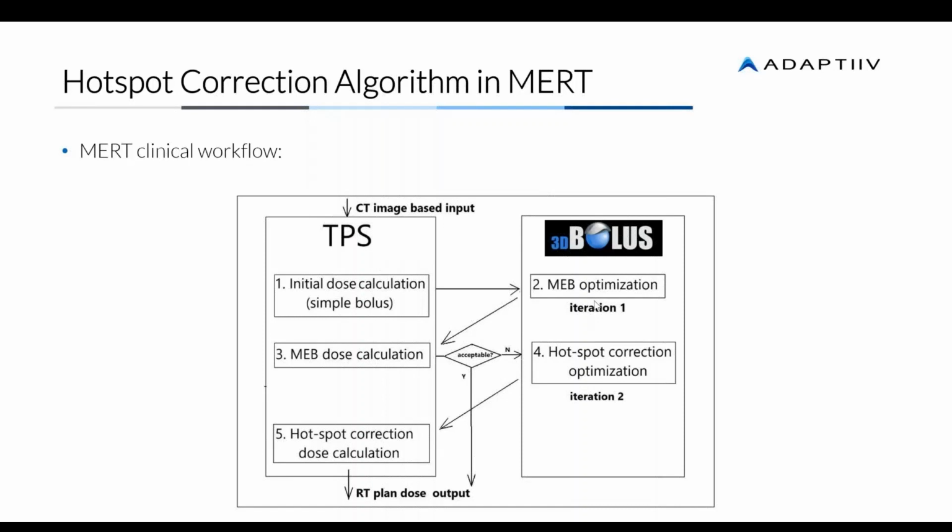If the dose with bolus does give you any hotspots, then we transfer some RT structs back to our MEB module, and we perform hotspot correction optimization, which is the second iteration of our MEB module.